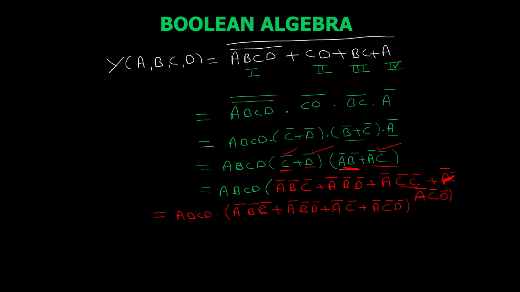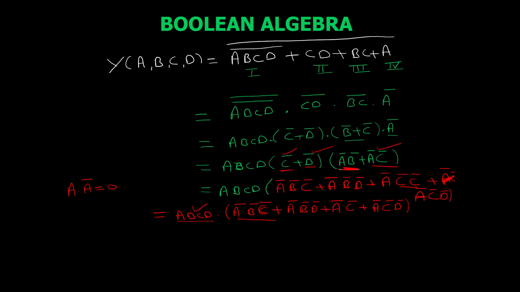Now if you multiply this whole complement with this, what is this a bar? You're getting the term a bar, b bar, c bar. So what would be a into a bar? That will be equal to 0.